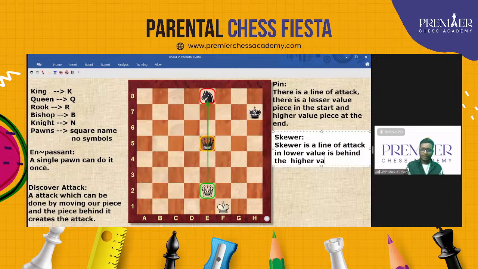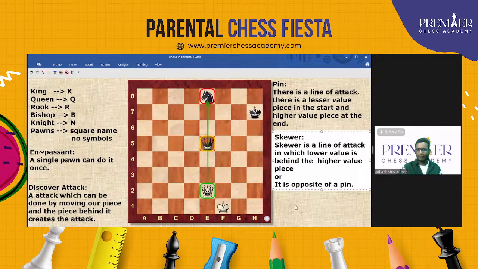We can also say it is the opposite of a pin. Either we can say skewer is a line of attack in which the lower value piece is behind the higher value piece, or we can mention it is the opposite of a pin.